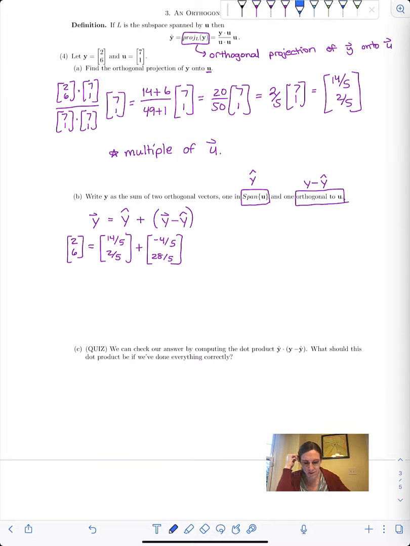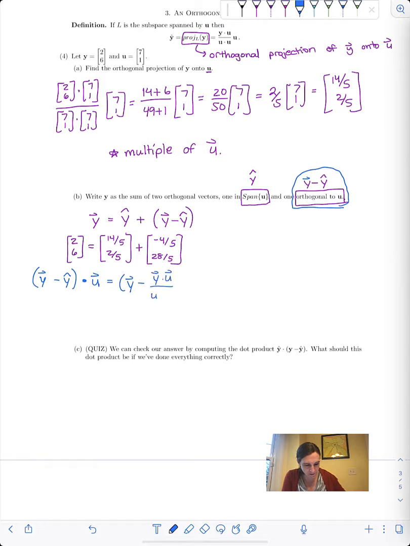Okay, so let's test that y minus y hat, and that should have a hat over it, is in fact orthogonal to u. So that means we need to take the dot product of y minus y hat and u. So here we go. Let's write out what y hat is: the dot product of y with u over u dot u, times u. And we're taking the dot product of all of this with u.